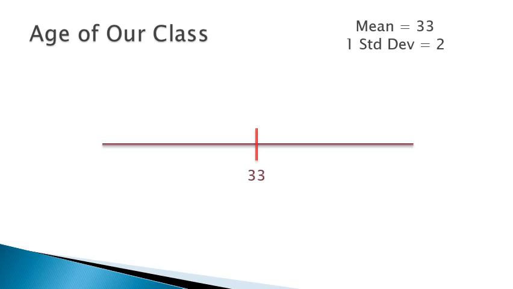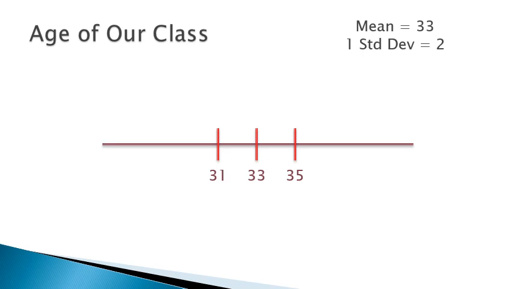So now what do we know? If we have this information, what do we know? Well, we know that 68% of everybody will fall within plus or minus 1 standard deviation from the mean. That means that 68% of everybody in class will fall between the ages of 31 to 35: 2 years on the positive side of the average, 2 years on the negative side.